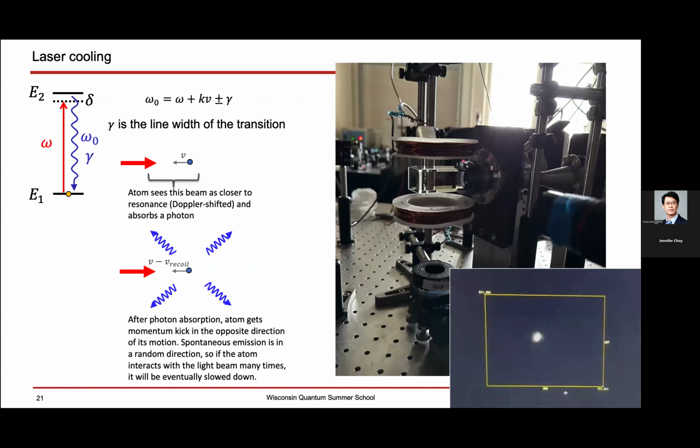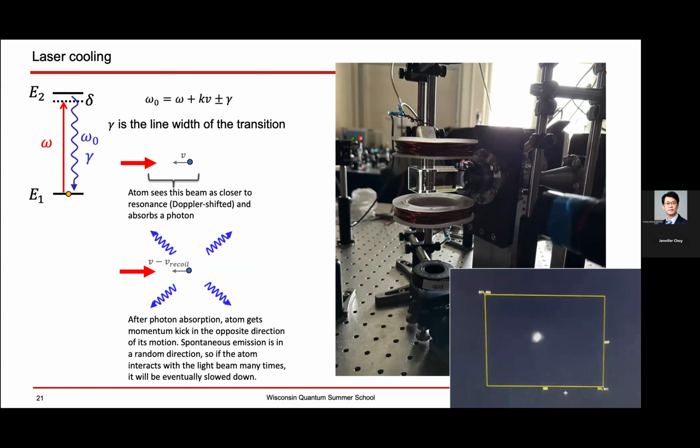And so I'm going to skip over the mechanics of cooling and just say that cooling is based on the interaction again between light and individual transitions in atoms, using that process of absorption and then spontaneous emission, over and over again.